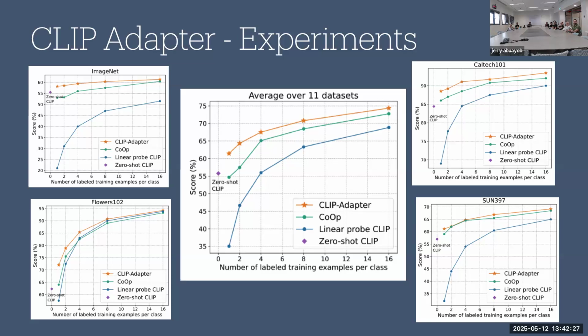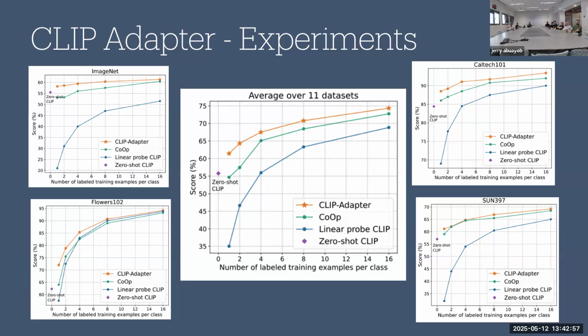Compared with the CoOp method, which has already gained huge improvements over zero-shot CLIP, CLIP Adapter still outperforms CoOp on all datasets and on all the different few-shot settings. Note that CLIP Adapter handles few-shot learning from a totally different perspective. Just remember that in CLIP Adapter we fine-tune the model, whereas in CoOp we prompt tune.